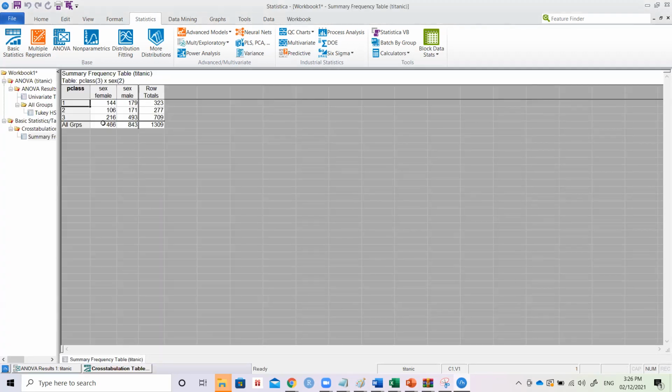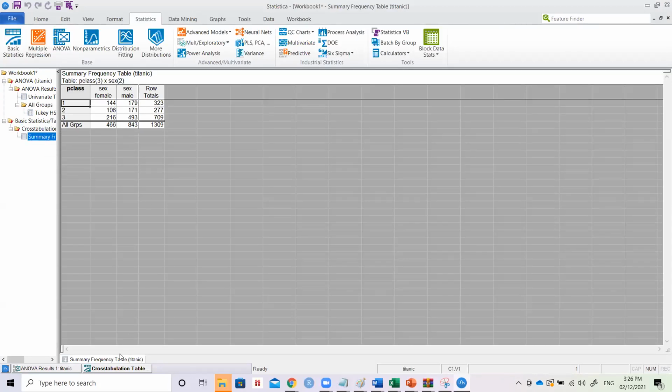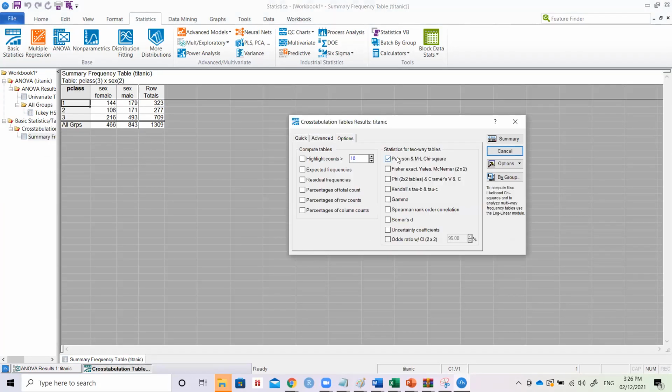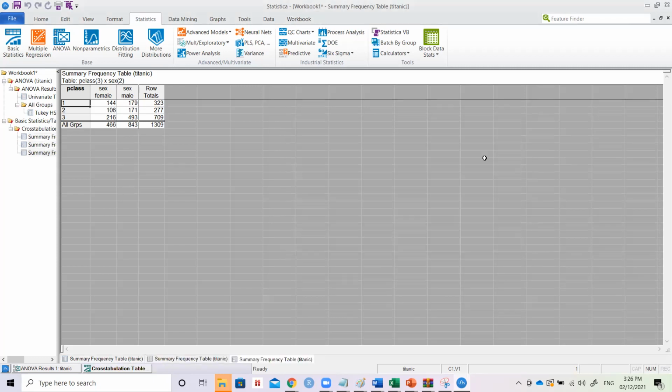So we have this. Nasaan na yung ano? Ala, binigo niya ako. Cross tabulation. Pearson chi-square. Sige, check natin lahat. Summary. Sige, all tables. Oh my God, binigo ako ng Statistica.